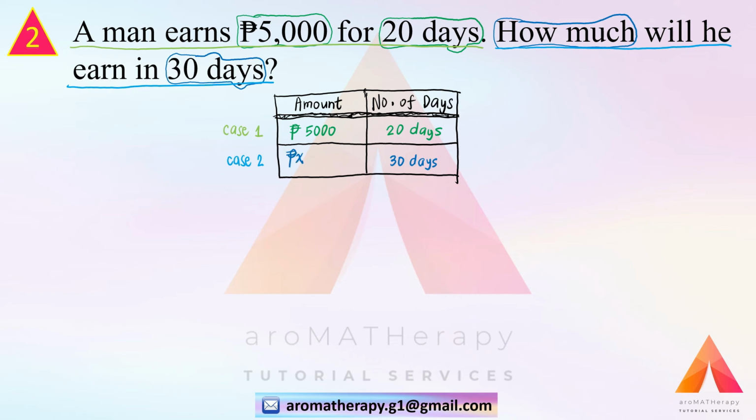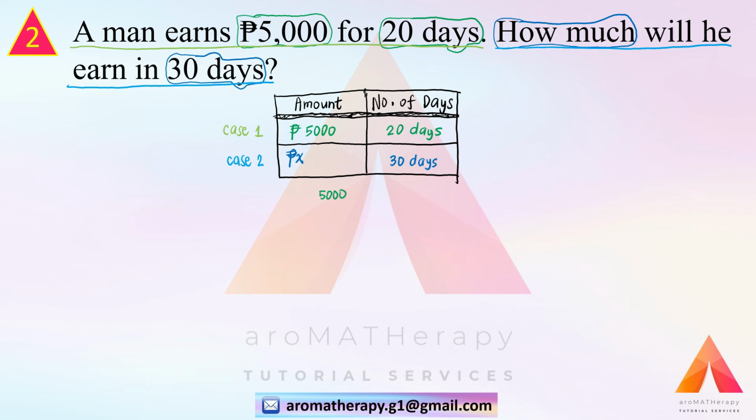So in this case, we need to equate the ratio of each case. So we write the amount of case 1 over the number of days of case 1 is equal to the amount of case 2 over the number of days for case 2. So let's write down our given.